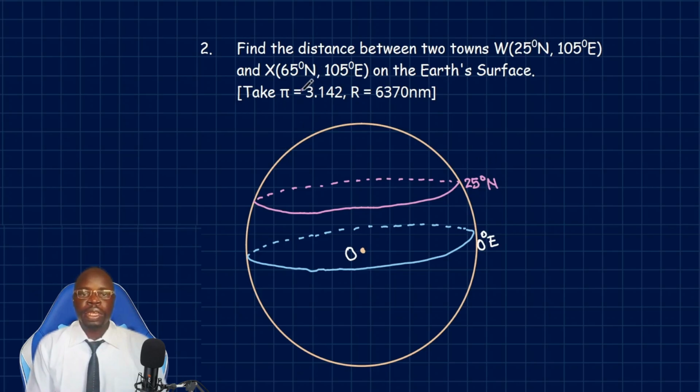So the second line in our first point here is 105 east. Now again, it's always good to indicate the North Pole and the South Pole, because that is the reference point where the longitude will meet. So we have to estimate it here. Let me come from down and measure it like that. Though it's not accurate, at least we get the idea. The meeting point here gives us point W. And the next we have to estimate also is the second point X, that is 65 degrees north.